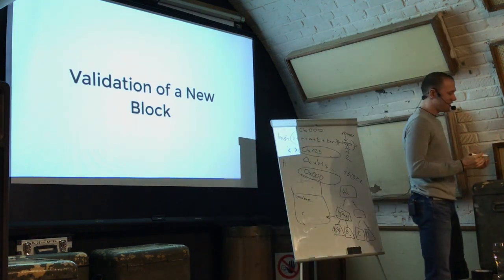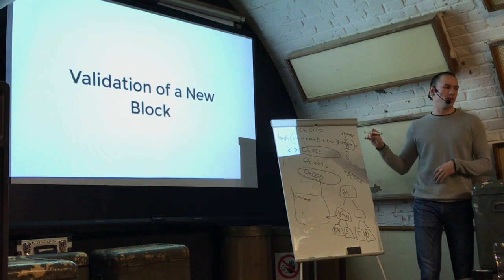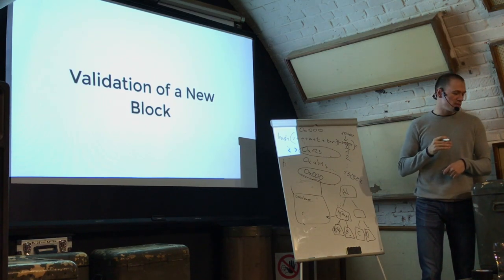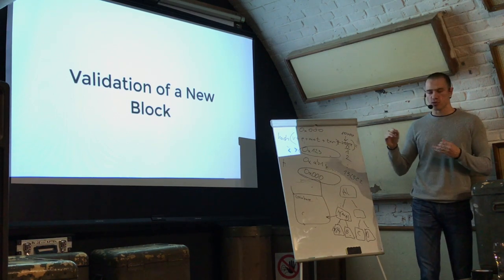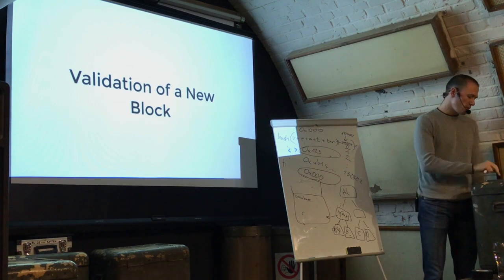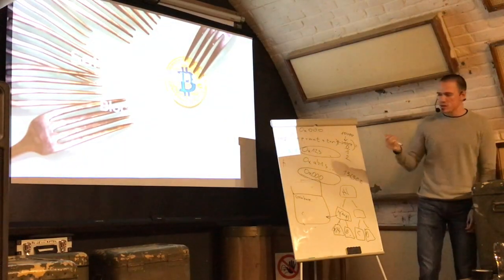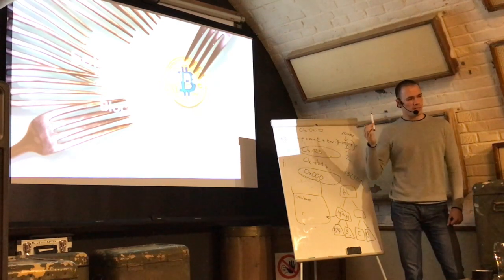They can check it immediately, but for a miner it takes some time to do it. So this is the way validation of a new block works, and once this new block is on the network, it gets appended to the chain. And by appending to the chain, the miner extends the main chain.